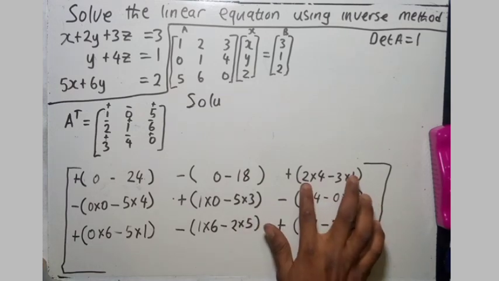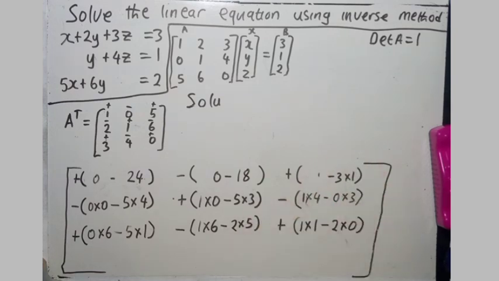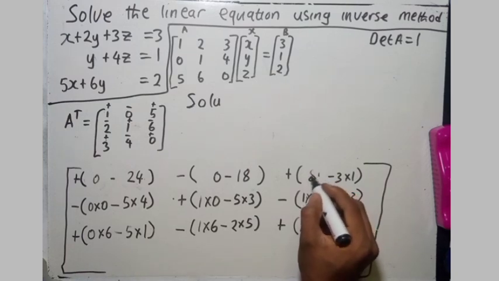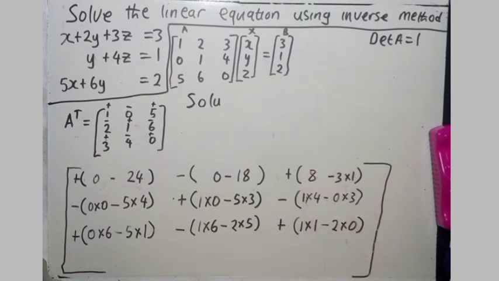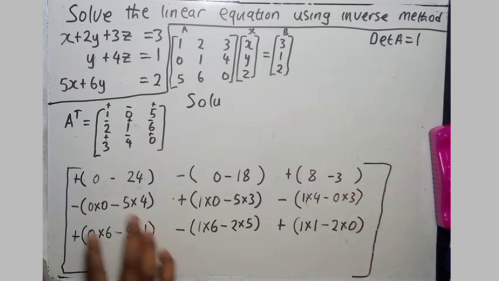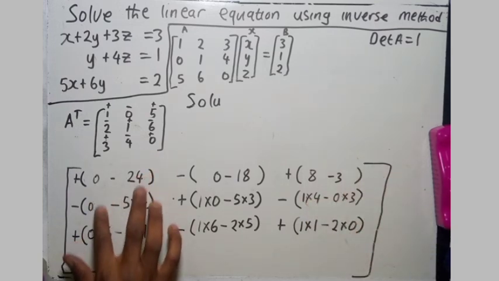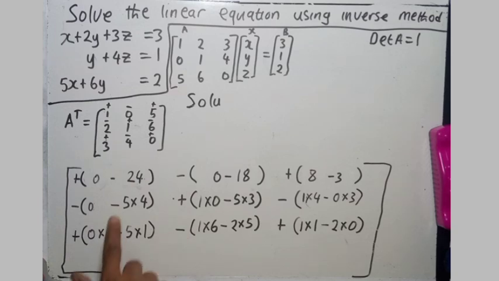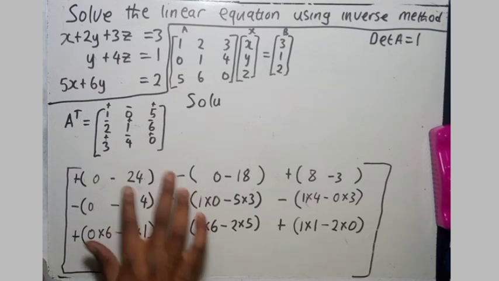So 2 times 4 is what? 8. Then 3 times 1 is what? 3. 0 times 0 is what? 0. 5 times 4 is 20.